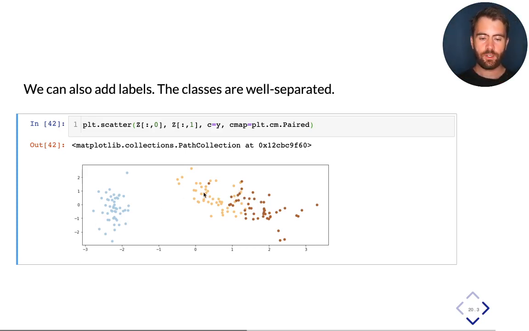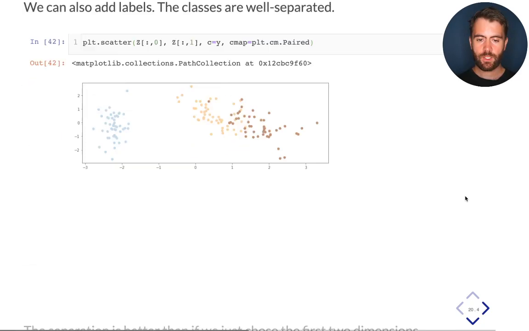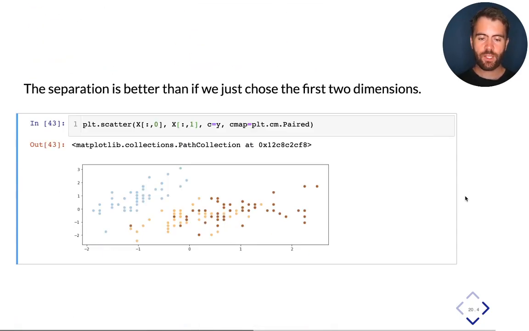Even these two clusters here are somehow mixed, but overall there's still a really good level of separation. And this level of separation is in general better than what we had earlier when we just used the first two dimensions. Here the points, especially the yellow and brown points, were not as well separated.